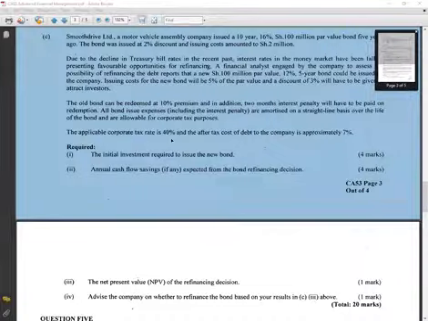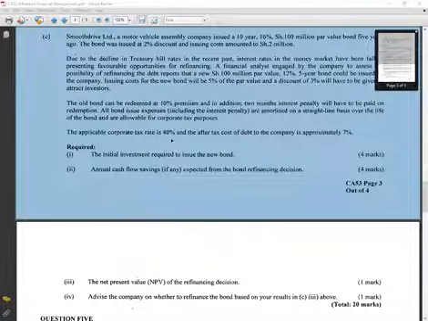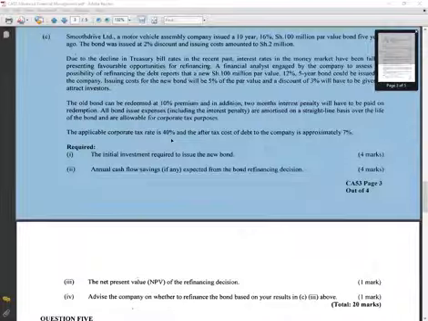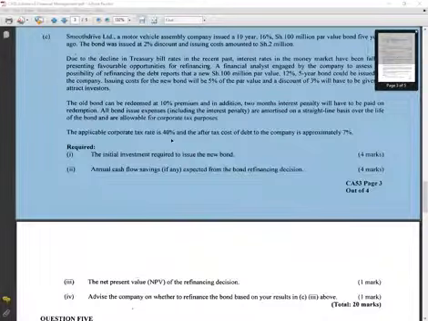We are told it is 16%. So I will take 16% of the par value, which is 100. But remember, once I get this 16% of 100, I'll get 16, which is interest for a whole year.